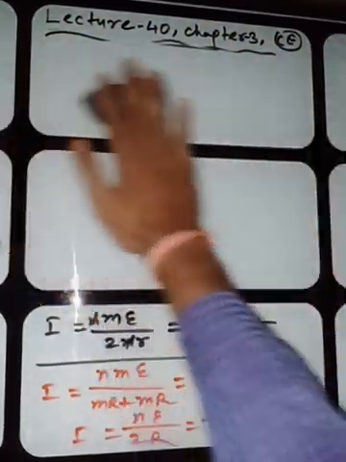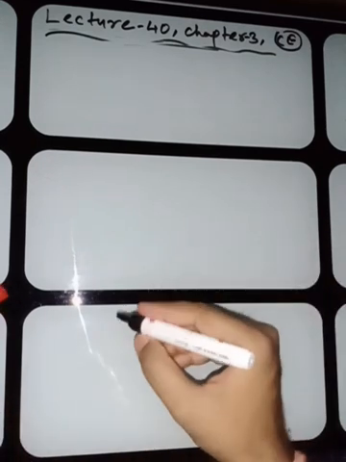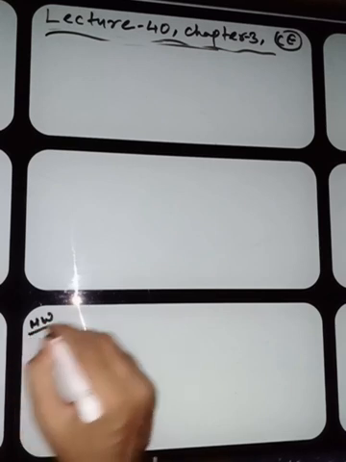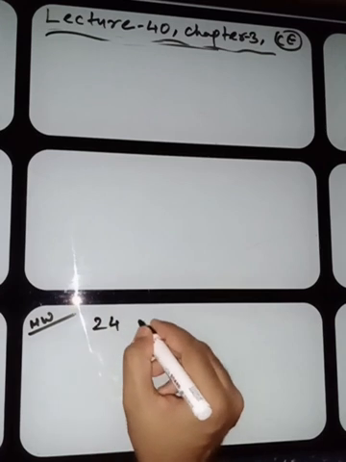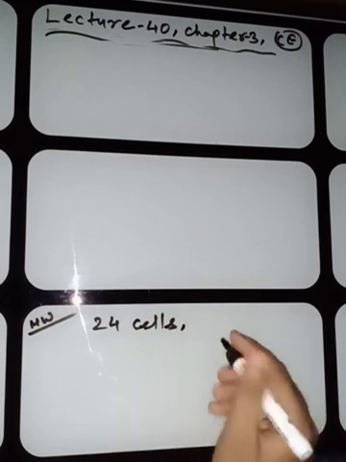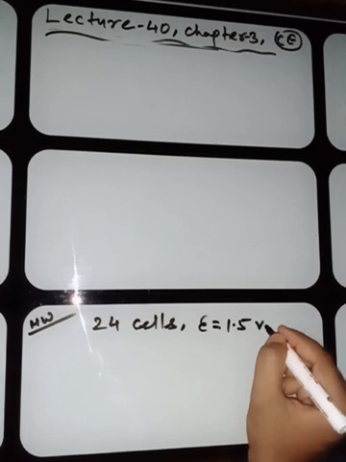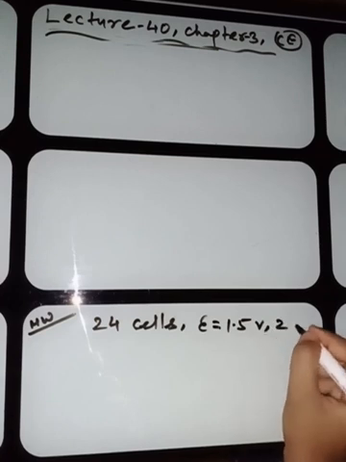There are a number of questions in my assignment also. Kindly write down your home assignment. A battery of 24 cells. We have an entire battery having 24 cells. Each cell has an EMF of 1.5 volt and an internal resistance of 2 ohm.